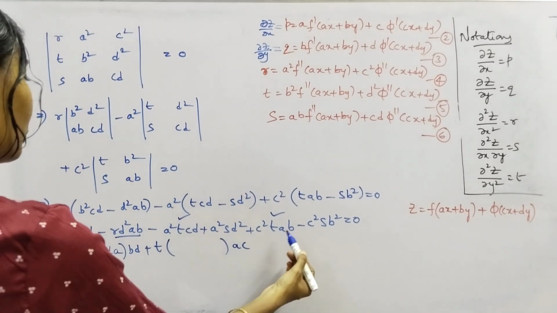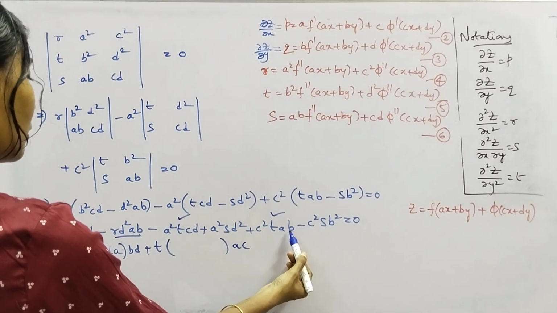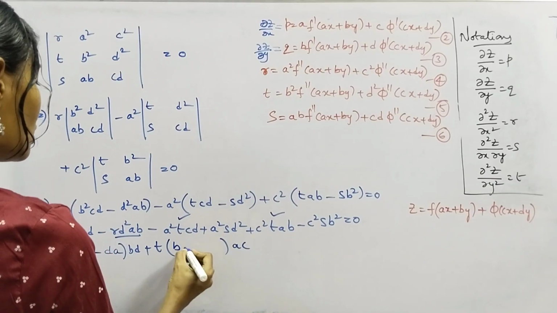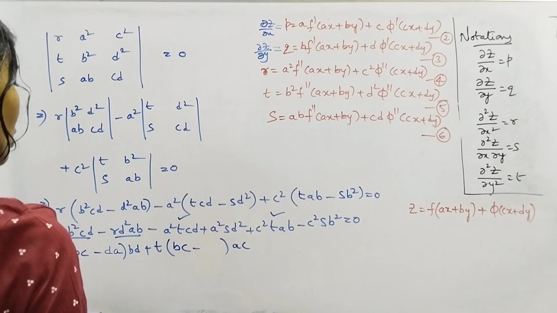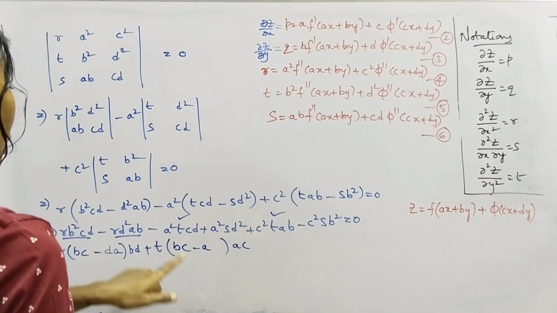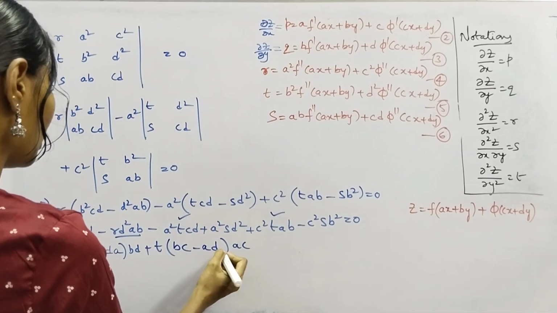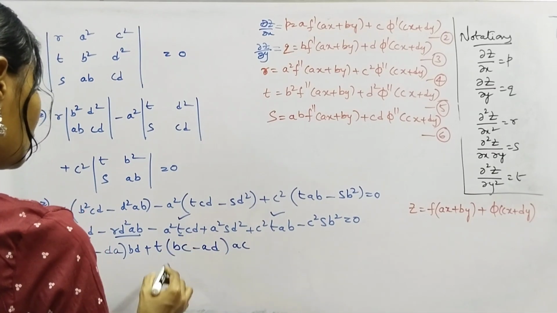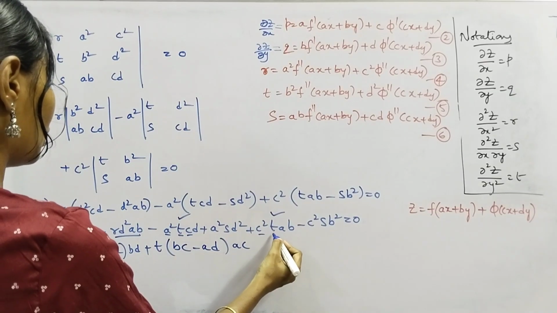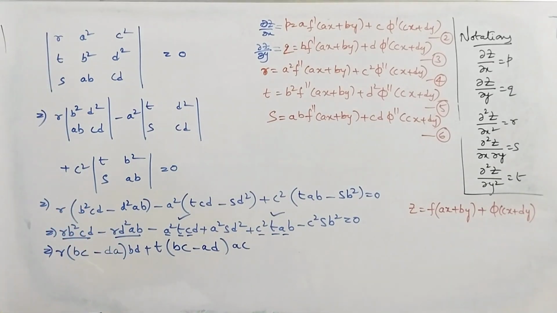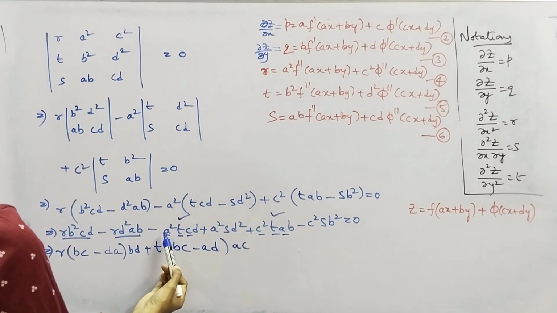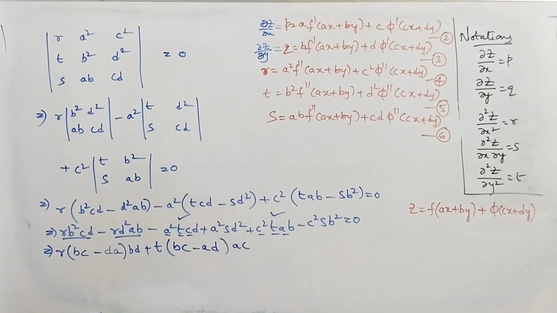Just take t, a, c common, then you'll get bc minus ad. Okay, fine.